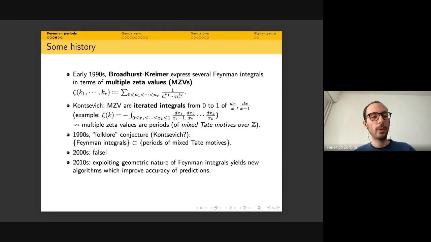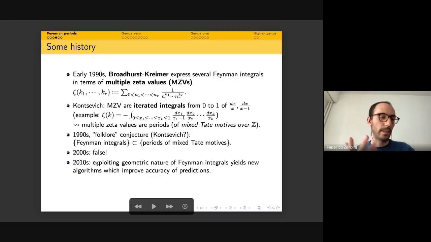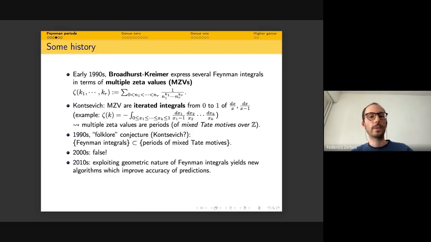But let me also tell you that this interaction between mathematicians and physicists is particularly interesting for physicists because starting from the 2010s, let's say, computations, algorithms built using the geometric nature of Feynman integrals proved to be, in fact, faster and more accurate than the ones built by physicists.